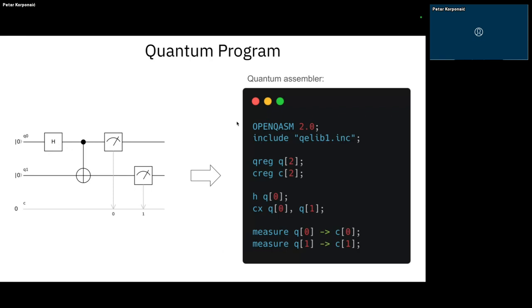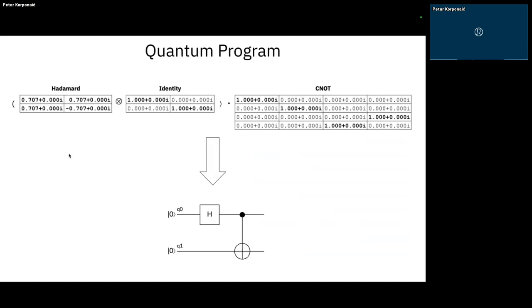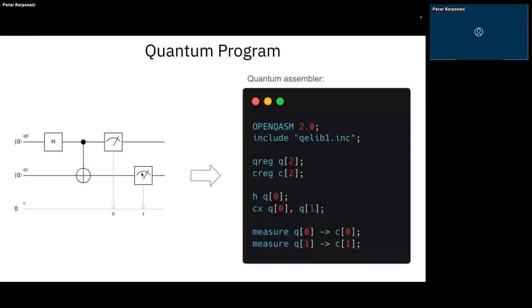And in this diagram, you spot that I added two more symbols. These two symbols are measurement. So we have two qubits, qubit 0 and qubit 1, which start in a state of 0.